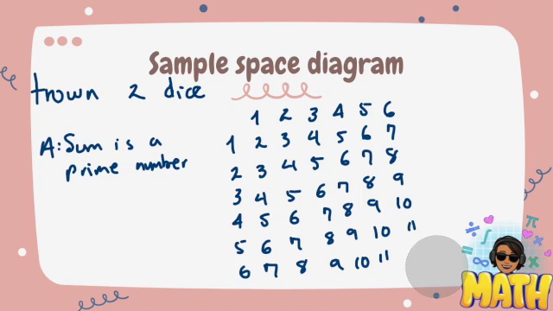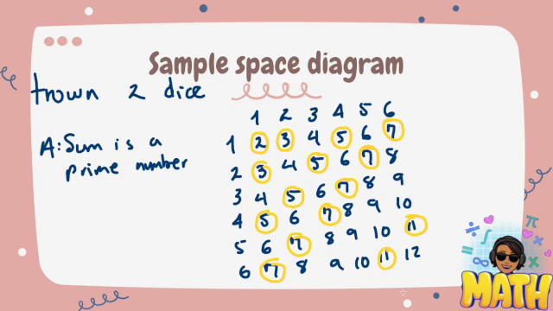Here, this one is 12, sorry. So now we're going to identify which of these outcomes are prime, right? So we have 2, 3, 5, 7, 3, 5, 7, 5, 7, 5, 7, 7, 11, 7, and 11.